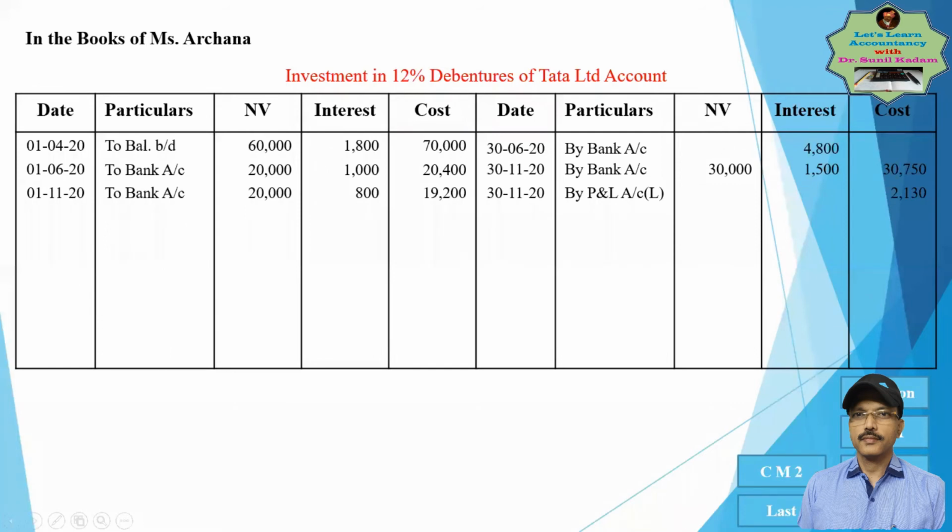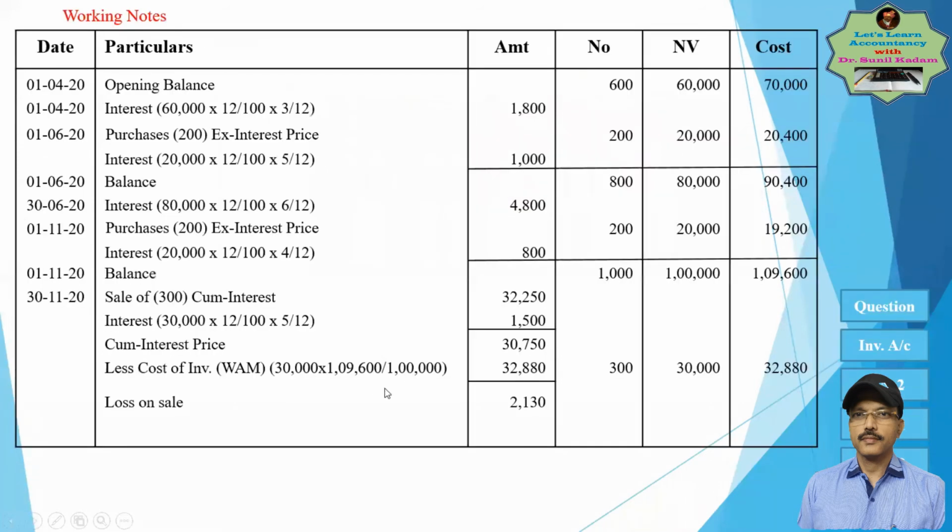Let's go to the working note and find out what the balance is after the sale. On the date 30th 11, balances 1,000 minus 300, 700. 1,00,000 minus 30,000, 70,000. 1,09,600 minus 32,880 is 76,720, the balancing figure.